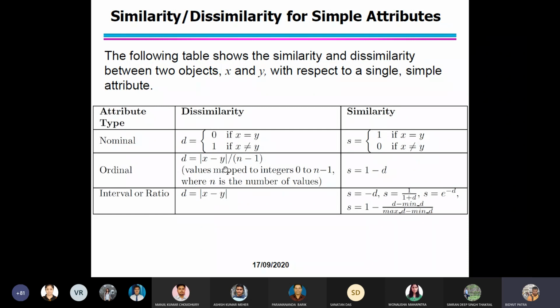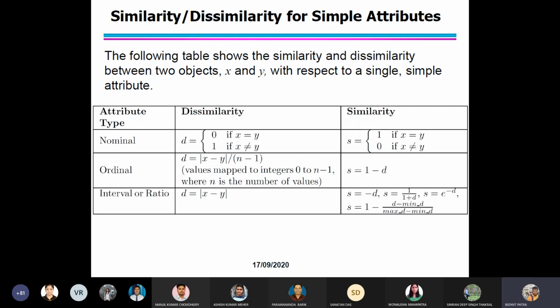Now we have to compute the dissimilarity measure between, let's say, large and small. Large is 2 and small is 0, so you will have 2 divided by n minus 1. What is the value of n minus 1?